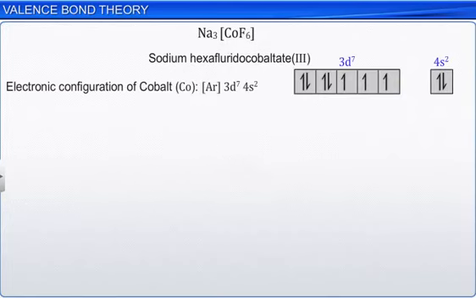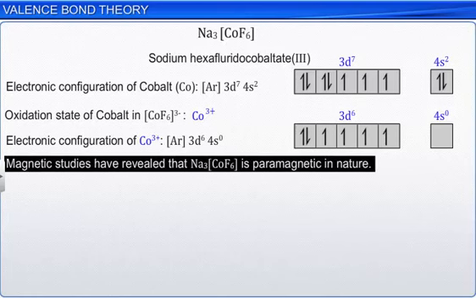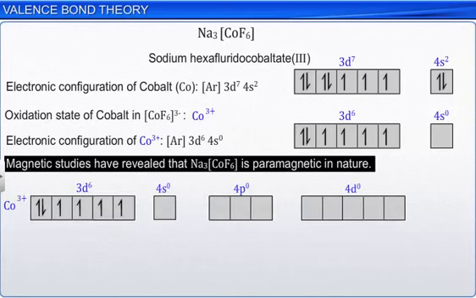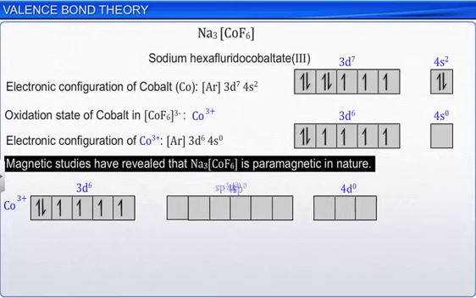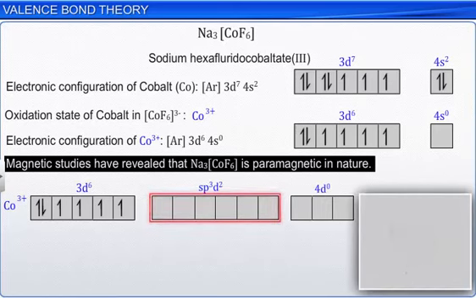This is possible only when the outer 4s, 4p and 4d orbitals undergo hybridization. Thus, the cobalt ion undergoes sp3d2 hybridization and has octahedral geometry.